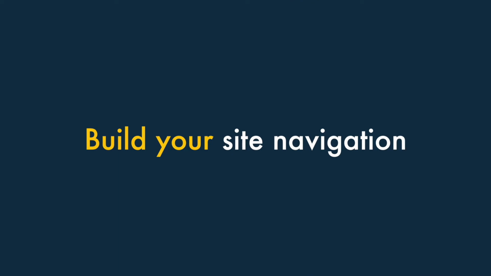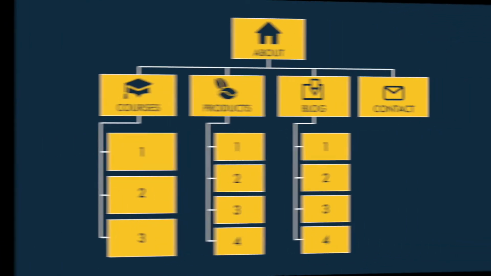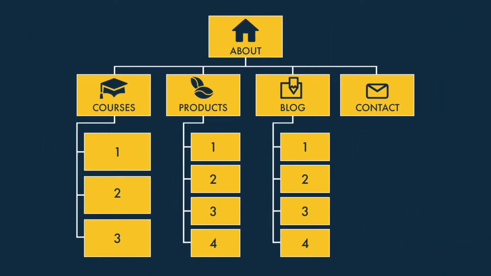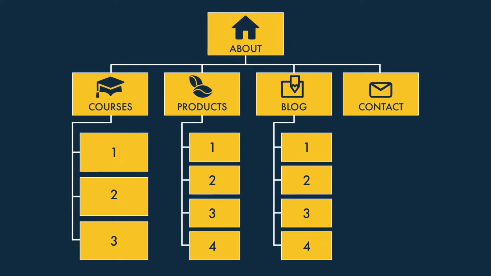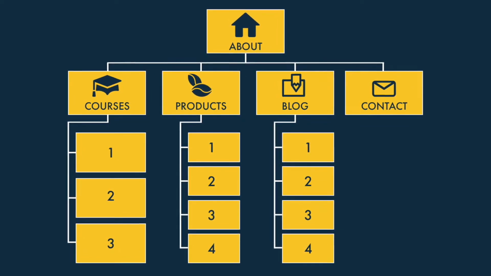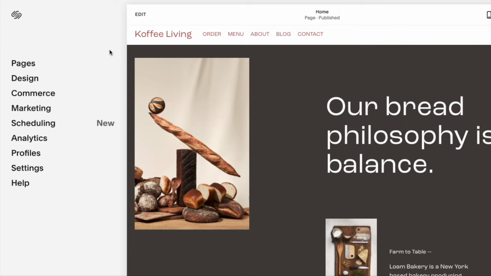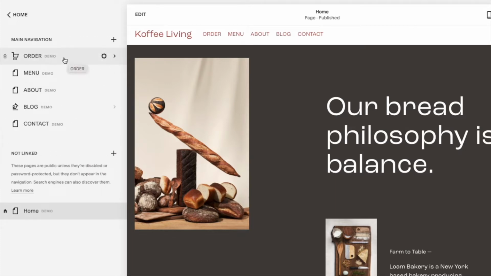4. Build your site navigation. With your template chosen and key business information provided to Squarespace, it's time to build your site's navigation. You can do this by going to the Pages section in the Squarespace dashboard. When you go there for the first time, you'll usually find some demo pages.